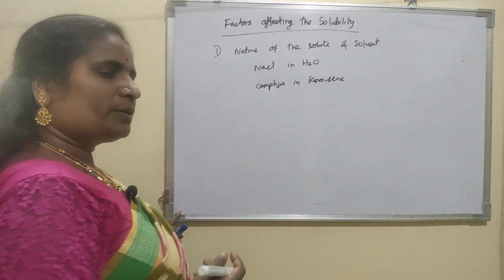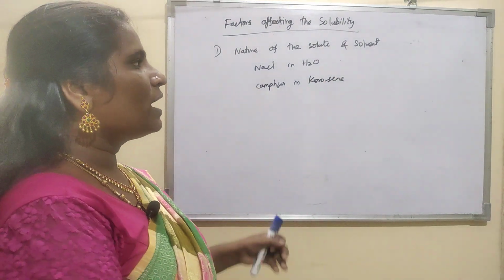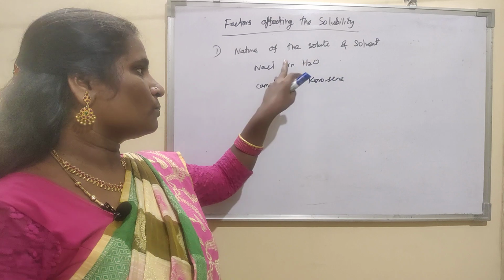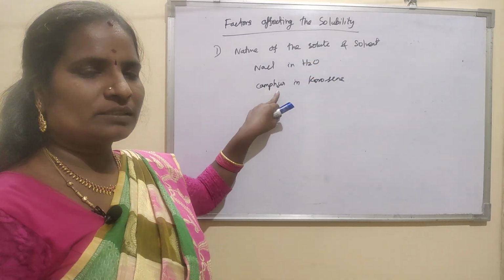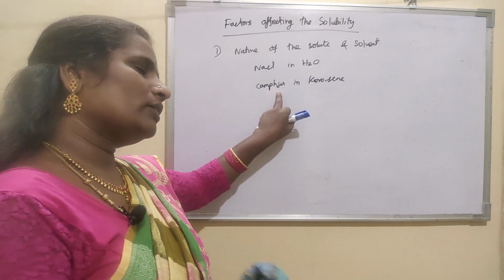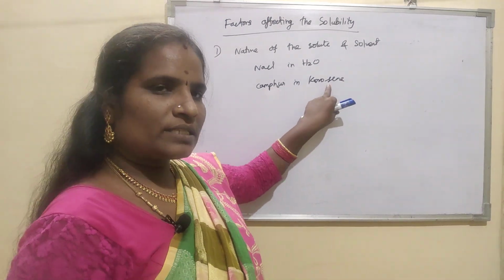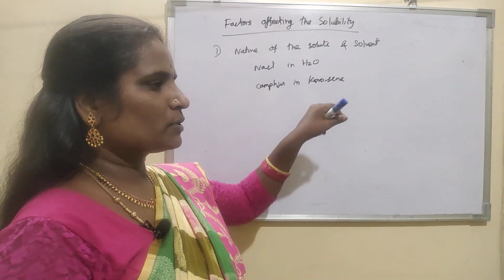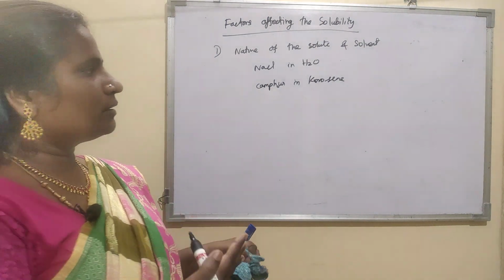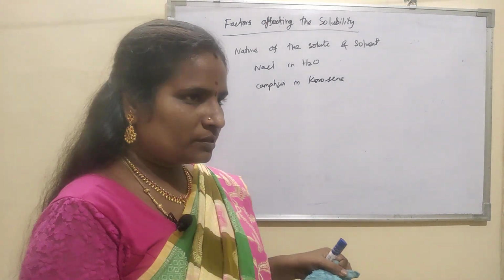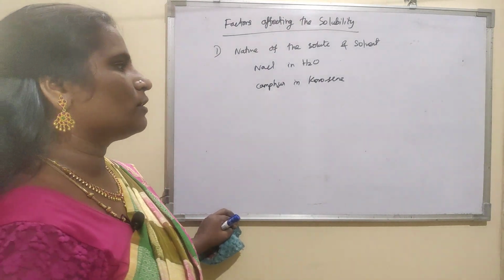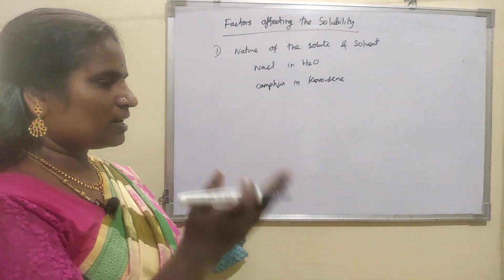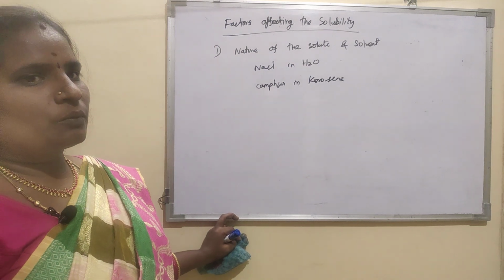Sodium chloride is a polar substance and water is a polar solvent. So a polar substance will be soluble in polar solvents. Camphor is an organic compound, and kerosene is an organic solvent. Similarly, non-polar substances are soluble in non-polar solvents. If you change it the other way, it won't dissolve.